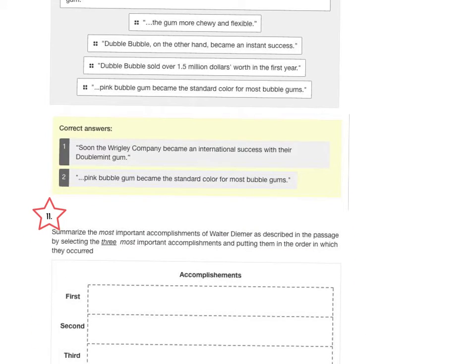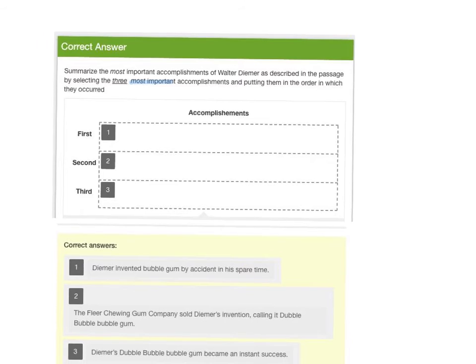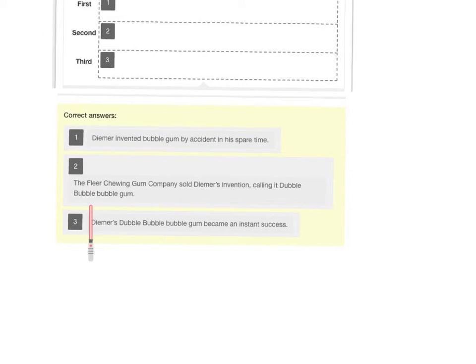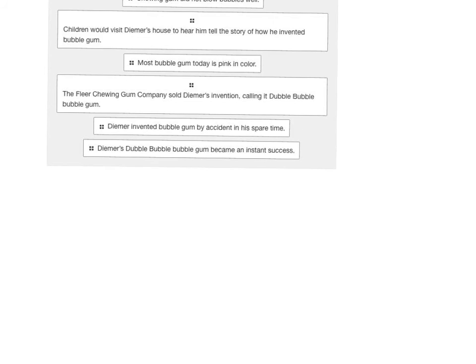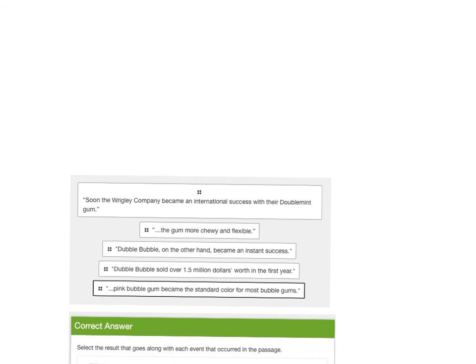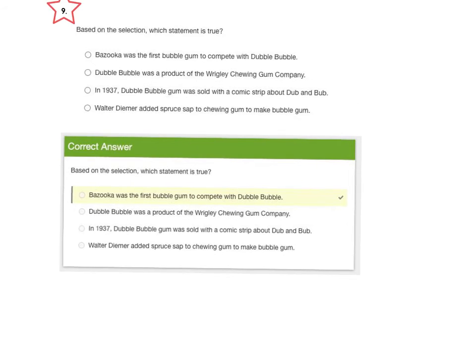So I'm going to go back to the text and I'm going to highlight where the author told me that. I'm noticing in paragraph 4, the Fleer Chewing Gum Company was soon selling Deemer's new invention, calling it Double Bubble Bubble Gum. So I'm going to highlight that because that's where my answer is found in the passage.